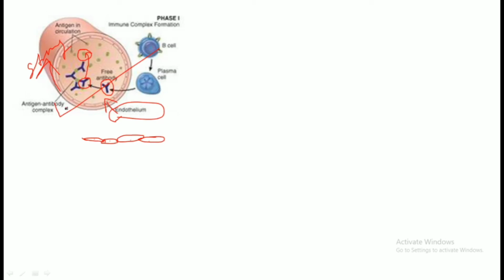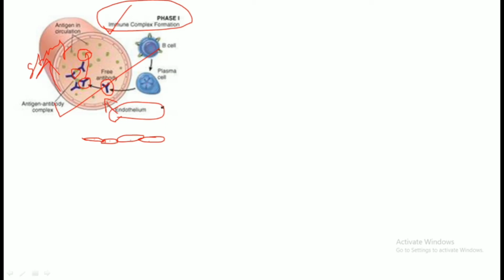The antibody will bind to those antigens and try to activate some other mechanism by the complement mediated pathway. This is the first phase of the complement mediated pathway, which is known as immune complex formation.